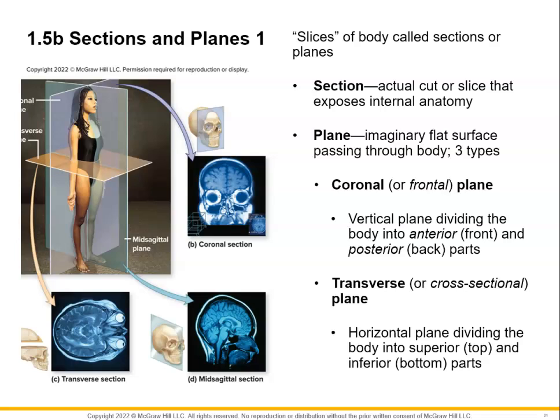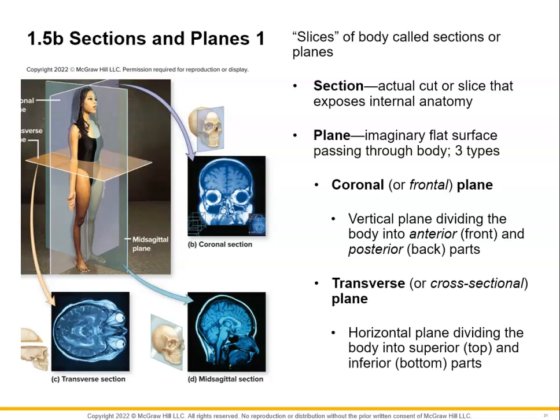Now, anatomists also refer to real or imaginary slices of the body when we're looking at different body areas and things that are within the body. So the term section refers to an actual cut or slice that exposes the internal anatomy. Think about the word dissection. It means to cut.